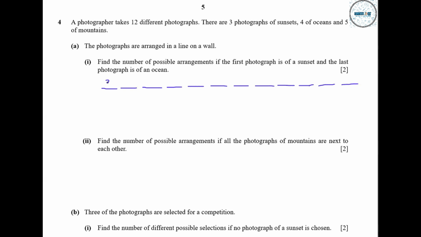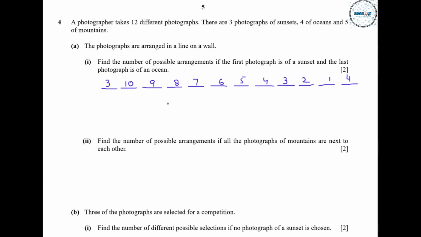So there are 3 possibilities over here. And the last photograph is of an ocean. So we have 4 possibilities over here, right? So out of 12 photographs, one of the photographs is to be kept over here and another one here. The remaining photographs are 10. So we have possibilities of 10, 9, 8, 7, 6, 5, 4, 3, 2, 1.